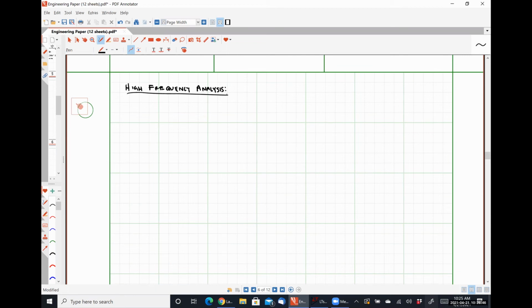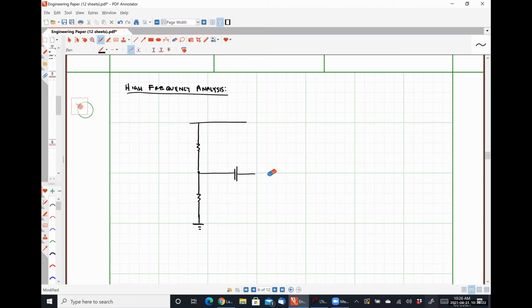So if I redraw my circuit where I have my bypass and coupling capacitors assumed to be short circuits, I'm going to have something like this.